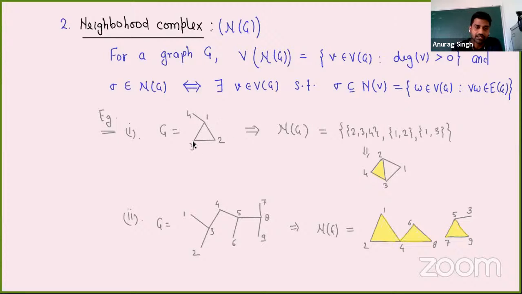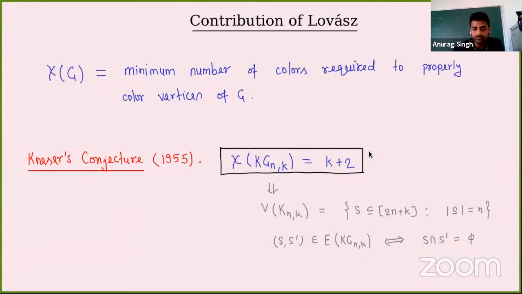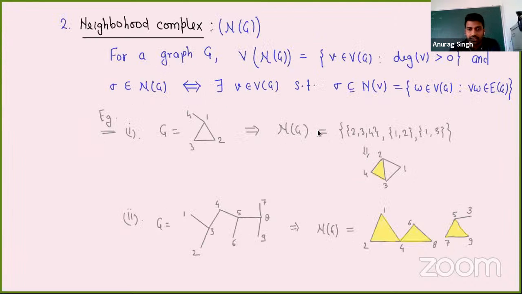Now when you take the set 1, 2, 3, you see that in the graph the set 1, 2, 3 does not have a common neighbor. So it is not a face in the simplicial complex. So these are the only facets that you get. Sorry, this should have been angle bracket. So this neighborhood complex is the collection of all the facets 2, 3, 4, 1, 2 and 1, 3. Geometrically, this is what you get.